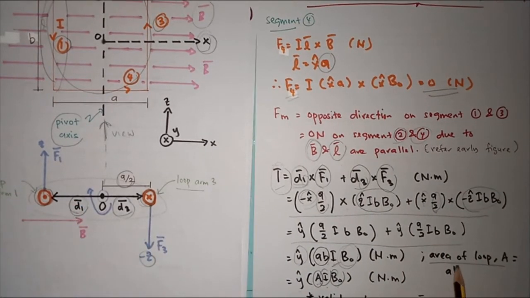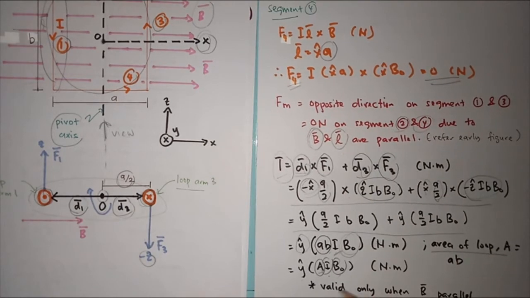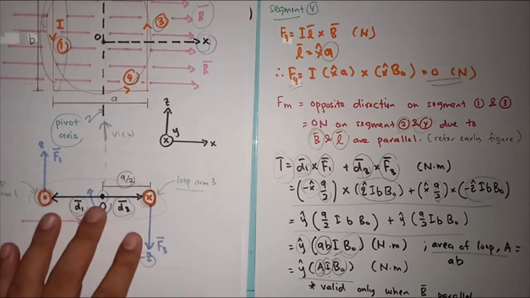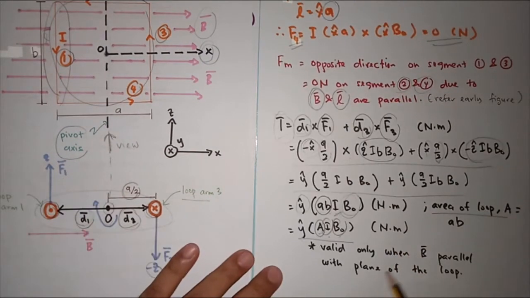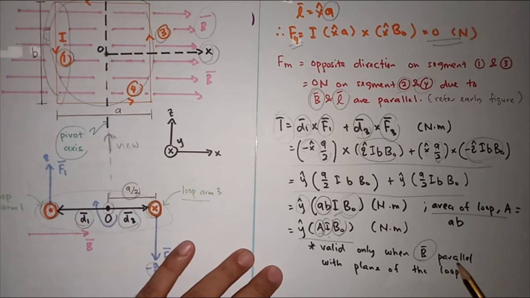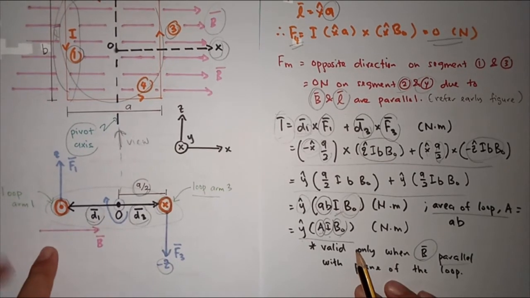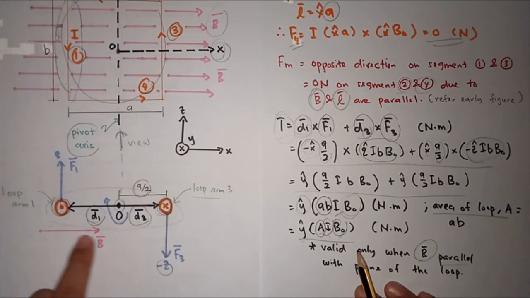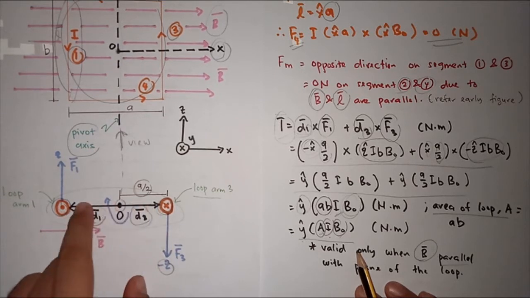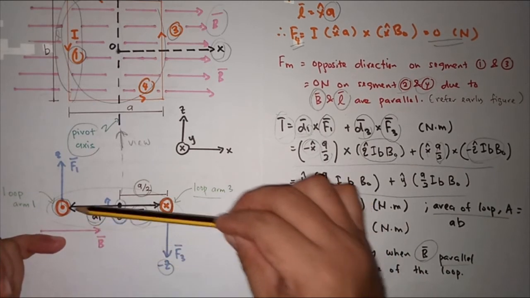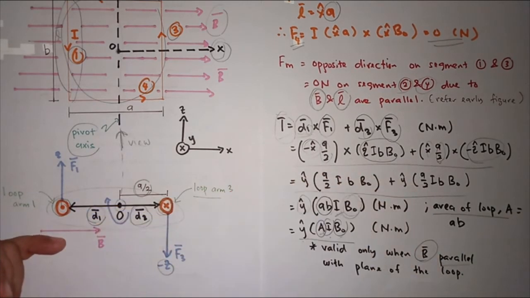The torque equation that we have derived just now is only valid if the direction of the magnetic flux density vector is parallel with the plane of the loop. If we look back at our figure, this is our direction for the magnetic flux density, and this is our plane, so the direction of this vector and the plane are parallel.